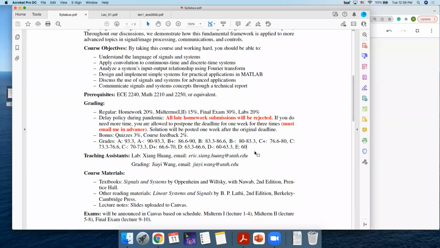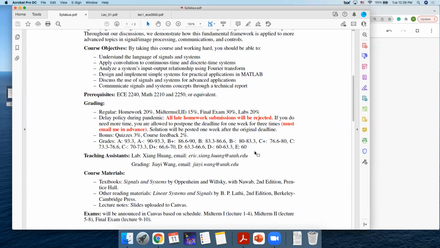Okay, so this is about grading, and we have 2 TAs. One is the lab TA, Xiang. Xiang is here. We will meet on Wednesday and Friday. It's great to have Xiang here to help with the lab sessions.